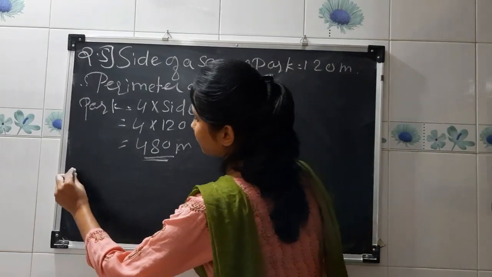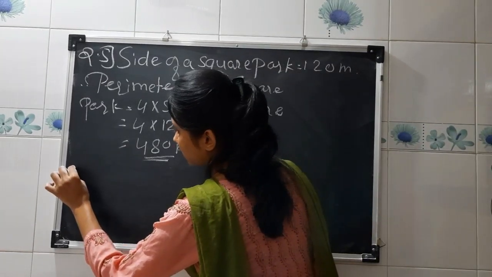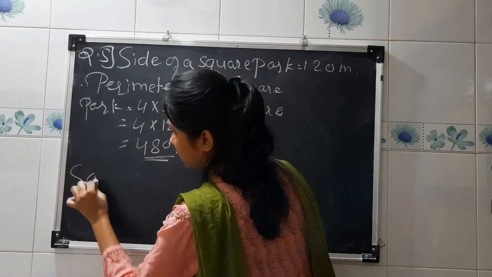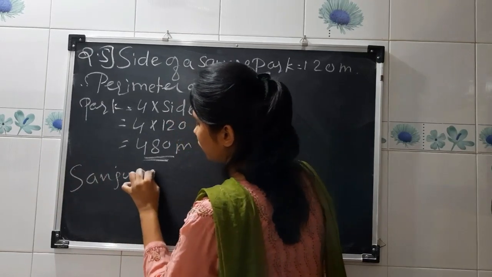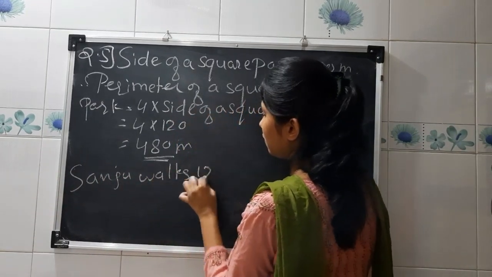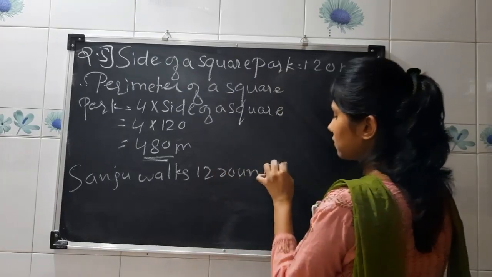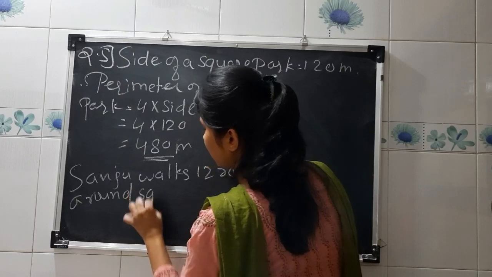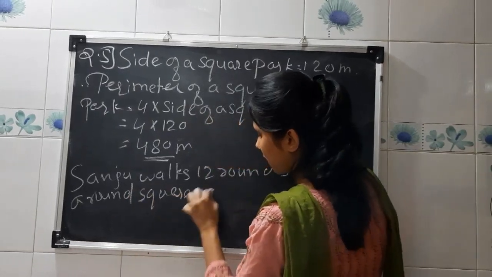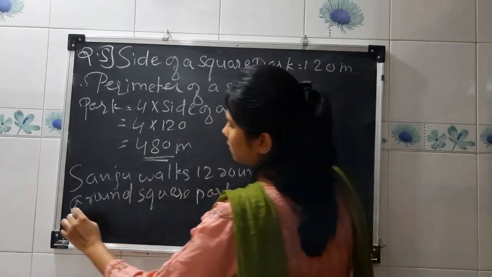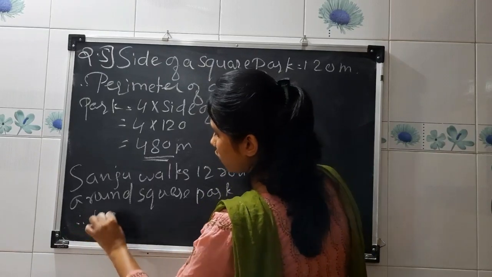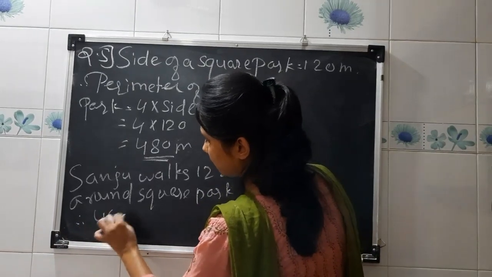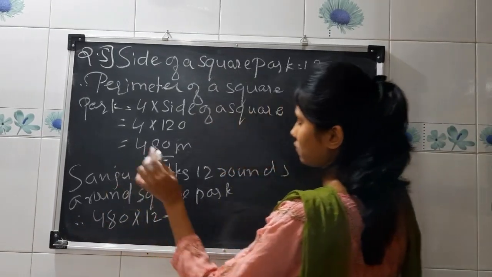So first, Sanju walks 12 rounds around square park. Therefore, 480 into 12 rounds.